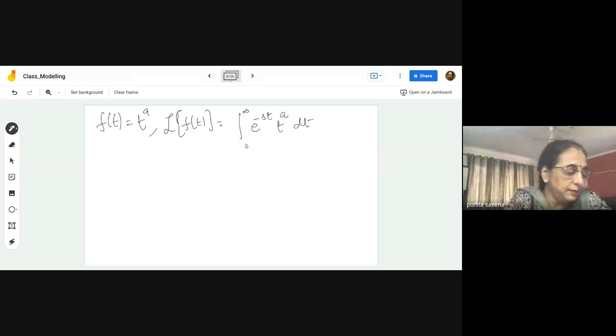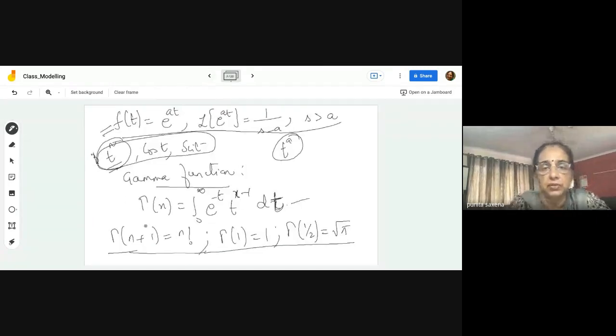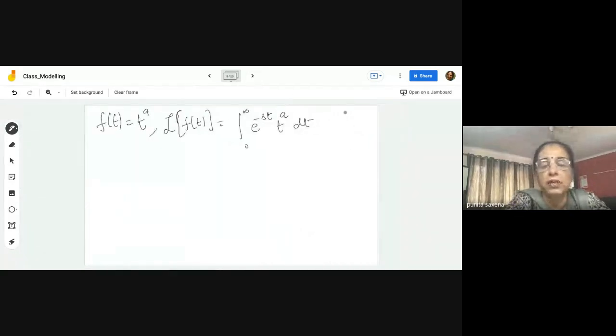This is what we get, right? Now, if you compare this with your gamma function, it's somewhat similar, but the only thing is that here we have e to the power minus st, but we want it to be e to the power minus t.